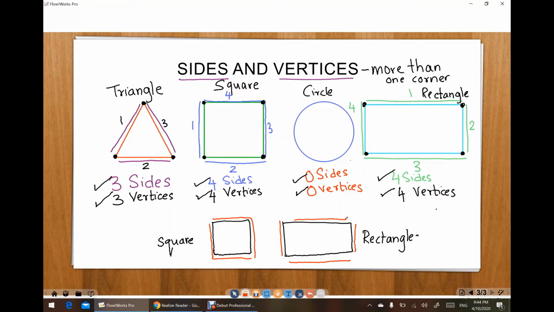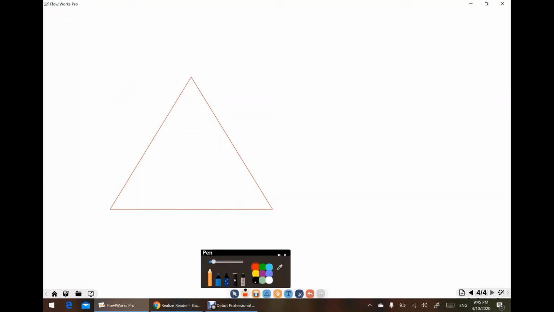Now, if you want to practice, let's take this triangle. I want you to place your finger here, and you can trace it. You see, these are the vertices, right?